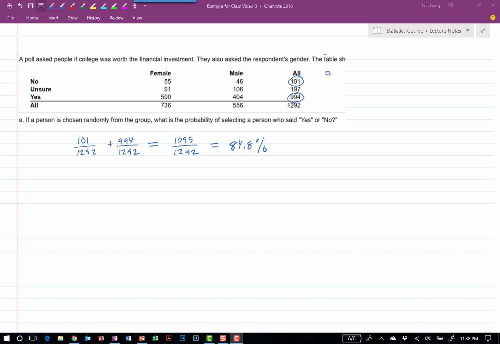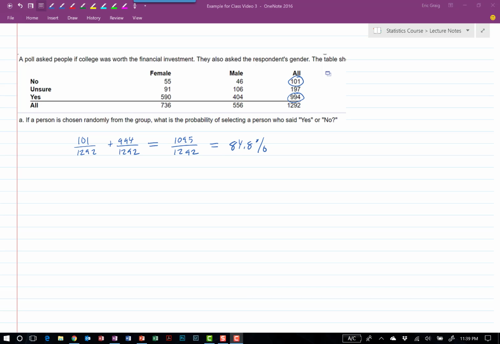There was another part to this problem that says, are saying yes and no complementary in this data set? Explain. So the correct answer is that no, they are not complementary because complementary probabilities have to add up to 1, and these probabilities would not add up to 1.